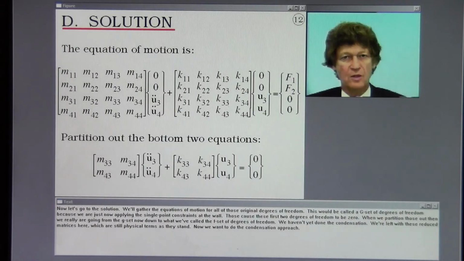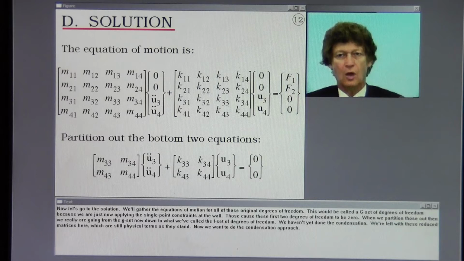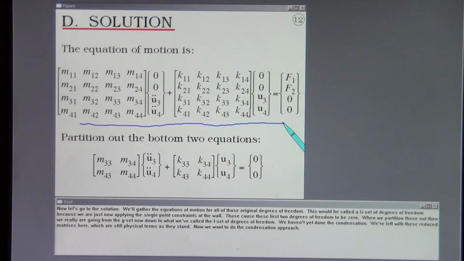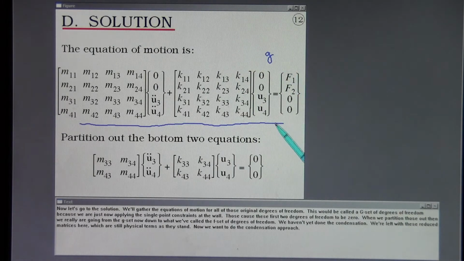Now let's go to the solution. We'll gather the equations of motion for all of those original degrees of freedom. This would be called the G set of degrees of freedom because we are just now applying the single point constraints at the wall. Those cause these first degrees of freedom to be 0.